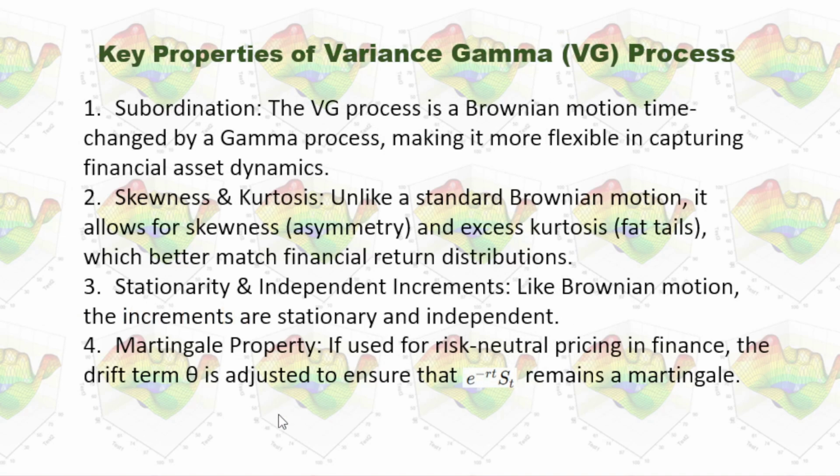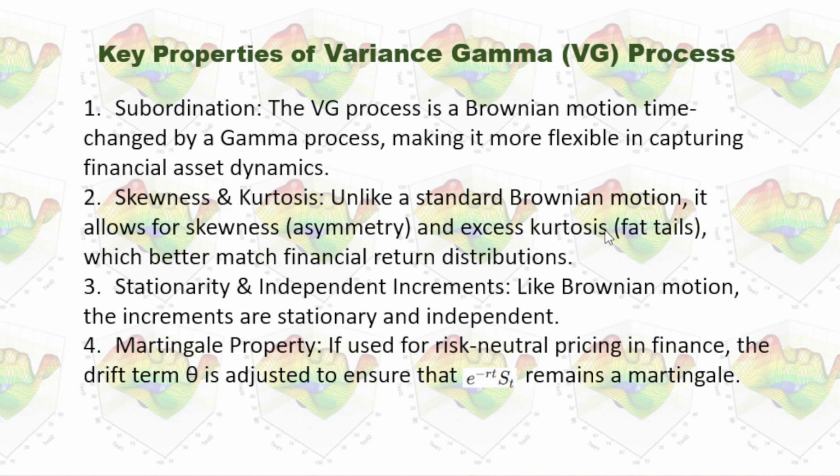Let's take a look at the key properties of Variance Gamma process. The Variance Gamma process is a Brownian motion time changed by a gamma process, making it more flexible in capturing financial asset dynamics. Unlike a standard Brownian motion, it allows for skewness and excess kurtosis.